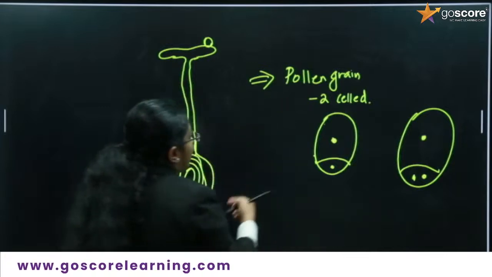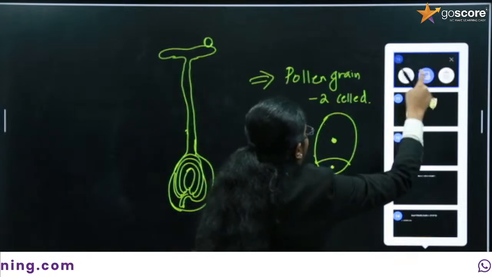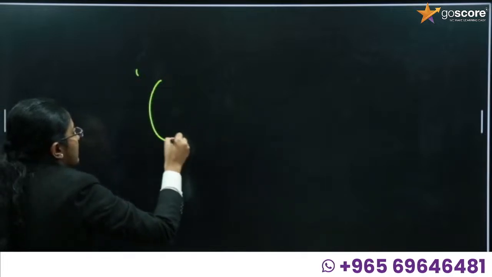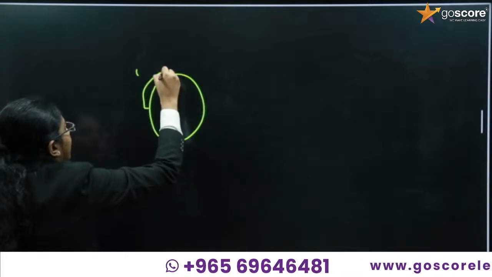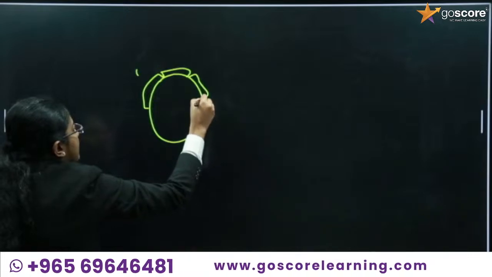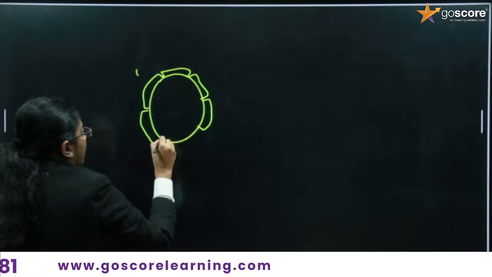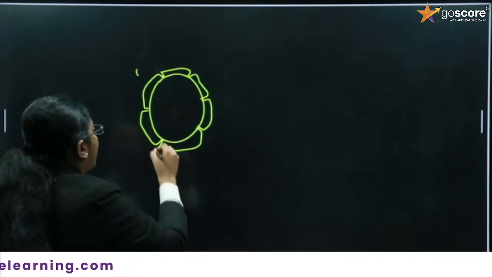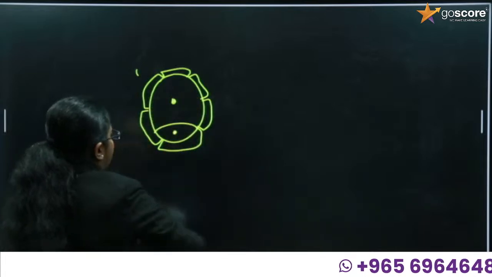If you consider the two cell stage pollen grain, see, this is the structure of the pollen grain and it has the germ pore in between, and there is a generative cell and a vegetative cell.